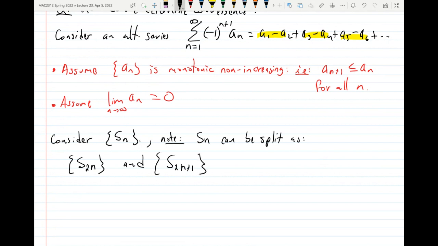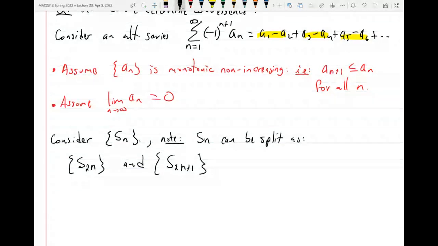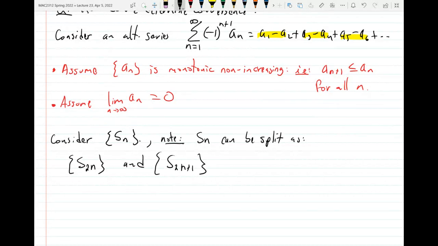In other words, in the sequence of partial sums, I always have an even amount of terms. So instead of adding one, I always add two terms. The first term will be a_1 plus a_2. The second term in this sequence is a_1 plus a_2 plus a_3 plus a_4, and so on. I want to make sure that I always have an even amount of summands. And this one is when you have an odd amount of summands.